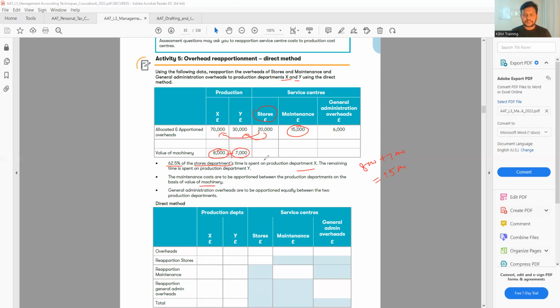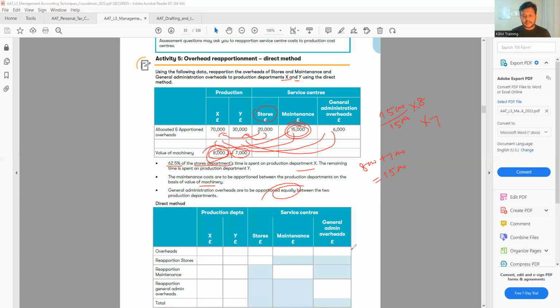So 15,000 divided by 15, times 8 for X and times 7 for Y. So it will actually again be 8,000 and 7,000. The general admin overhead is to be apportioned equally. That means of the 6,000, 3,000 will go to X and 3,000 will go to Y. Very simple.